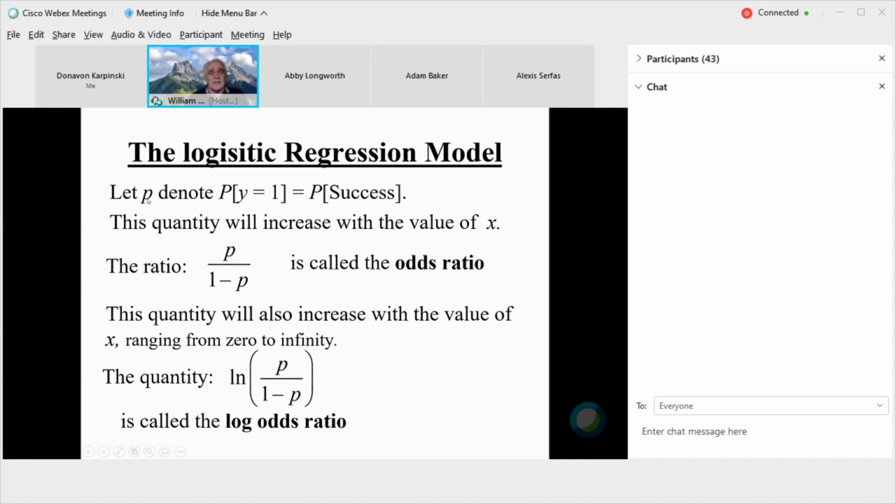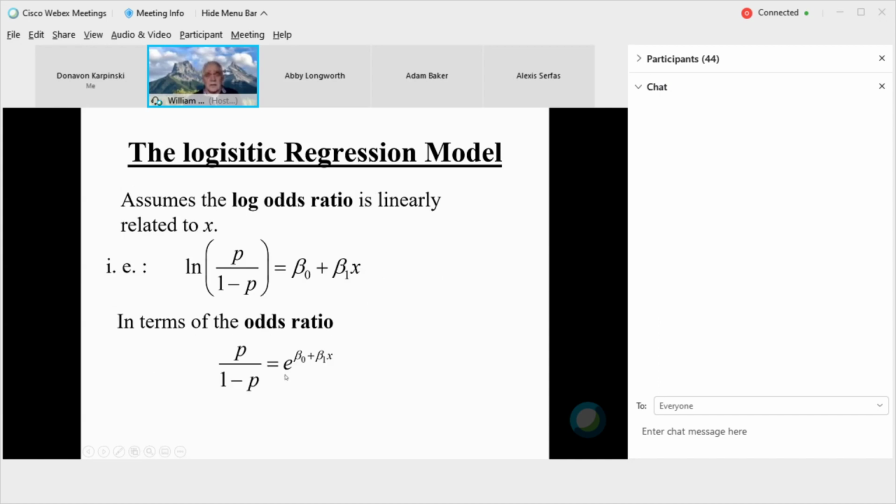P is the probability of success. P over 1 minus P is the odds ratio. The log odds ratio is the logarithm of that ratio. The logistic regression model assumes that the log odds ratio is linearly related to x.